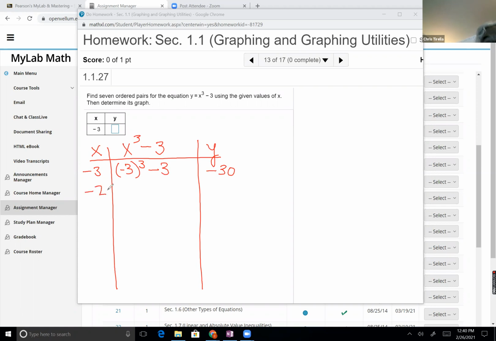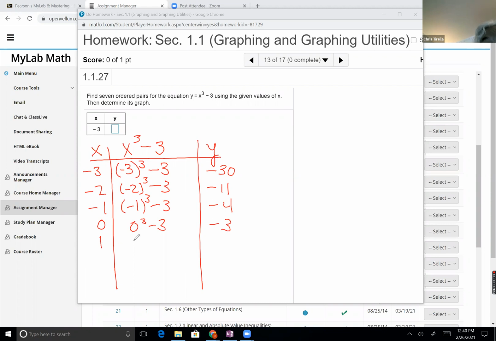Then they'll ask you for -2. -2 cubed would be -8, minus 3 would be -11. Then they'll ask you for -1. -1 cubed would be -1, minus 3 is -4. Then 0, 0 cubed minus 3 would be -3.